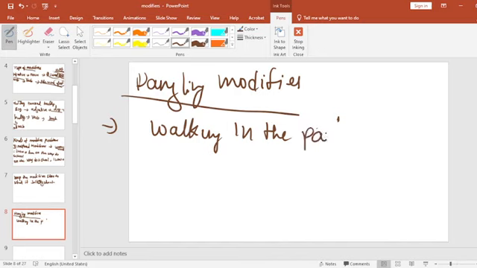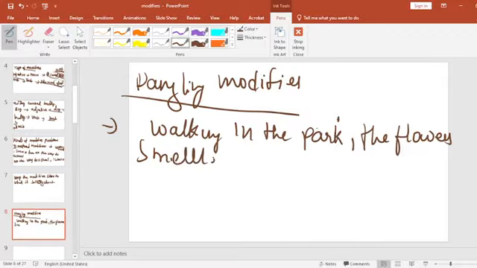Walking in the park, the flowers smelled nice. So we don't know who was walking and what flowers are we talking about.